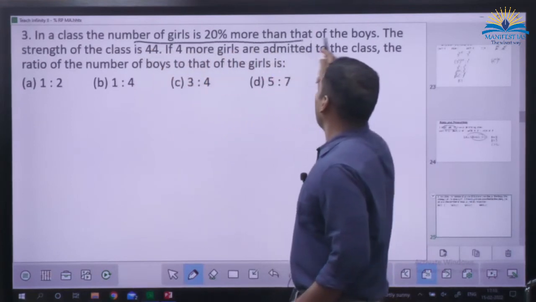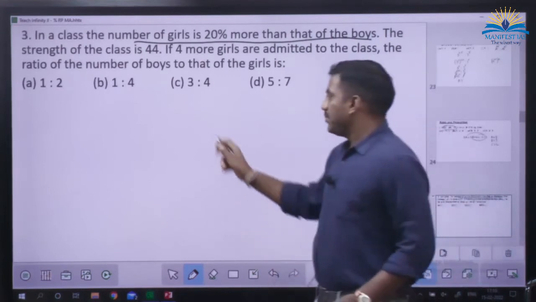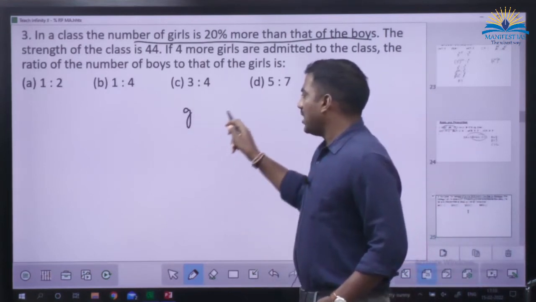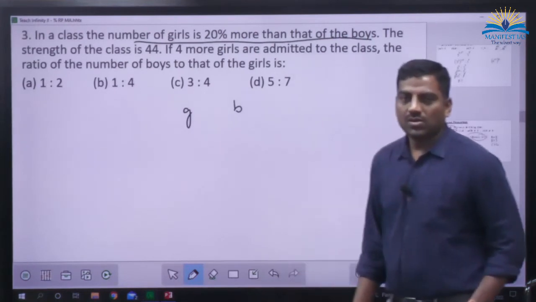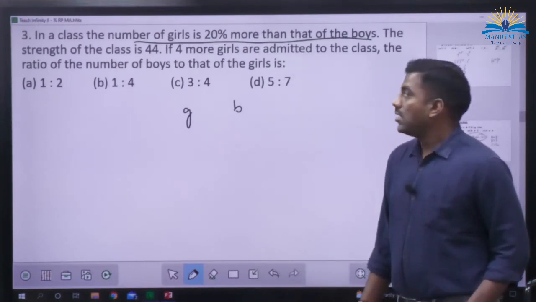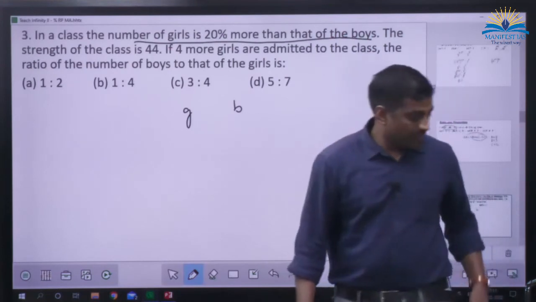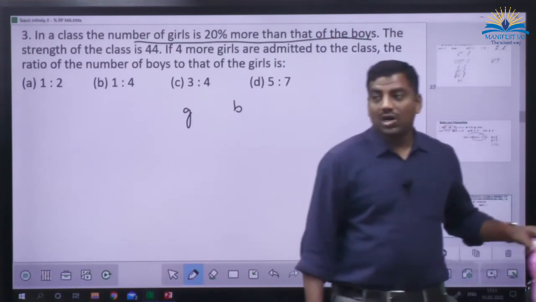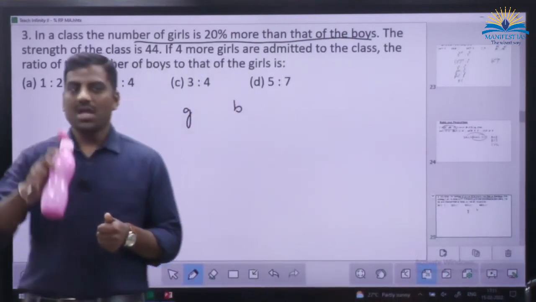Let's say girls is G and boys is B. Can you construct an equation out of it? Number of girls is 20% more than that of boys. First of all, tell me, who are more in number, girls or boys?